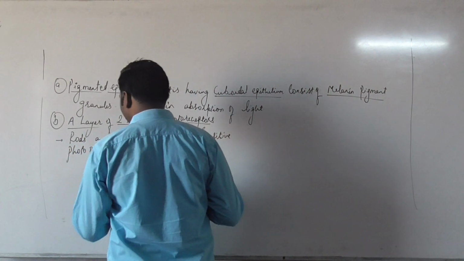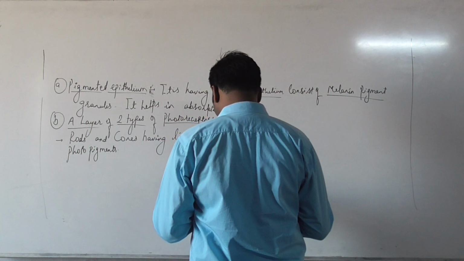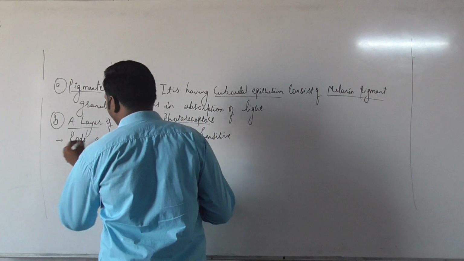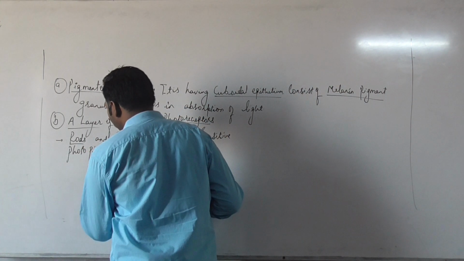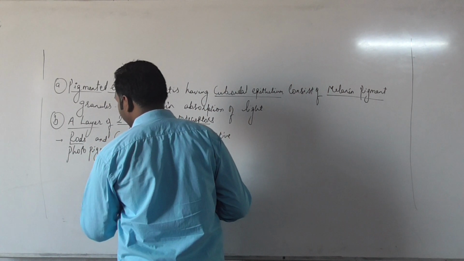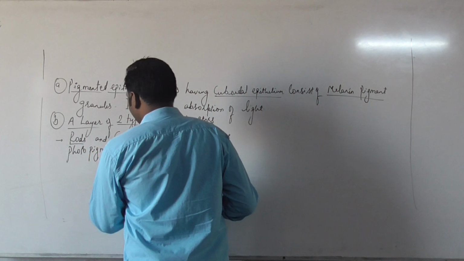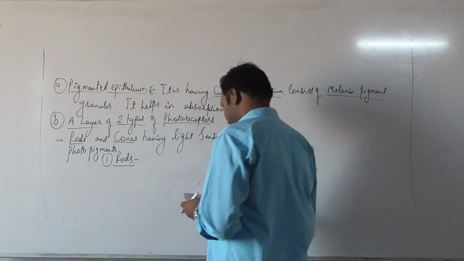Okay, light sensitive photopigments. Let's see what rods are composed of and what cones are composed of. The first one is the rods. What type of cells are these?